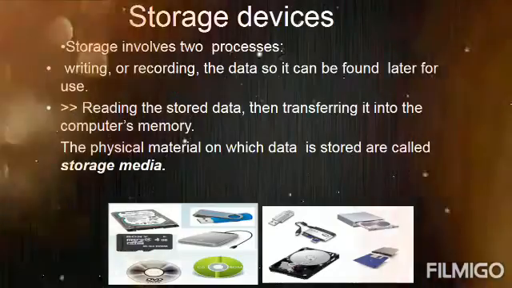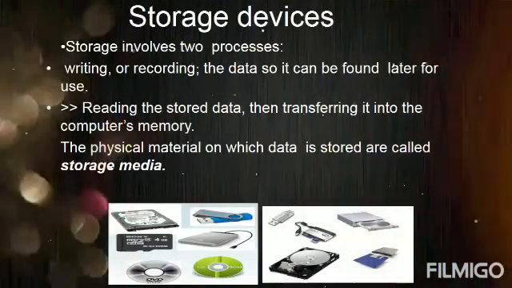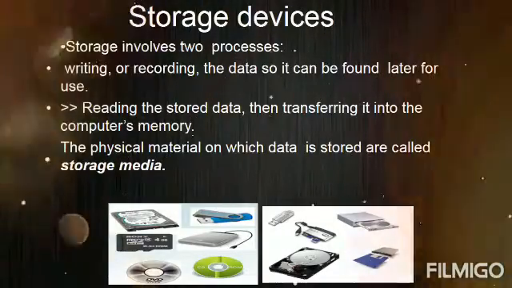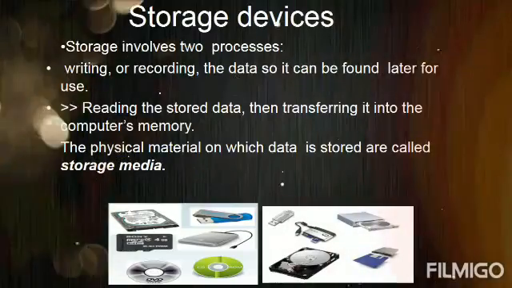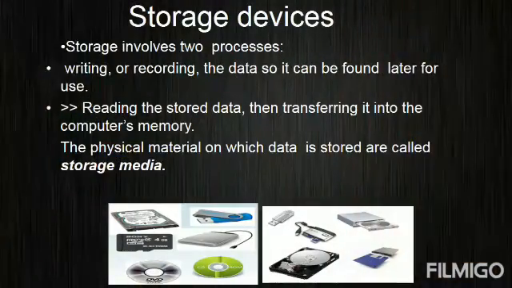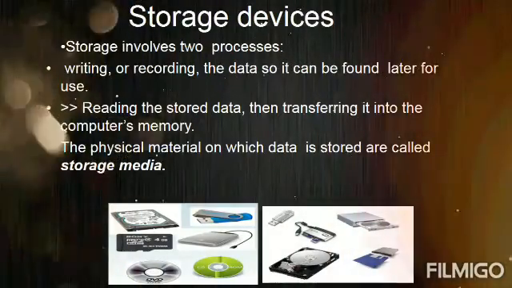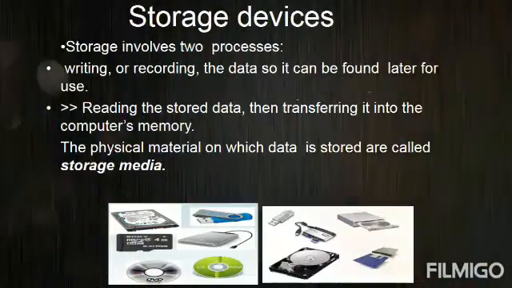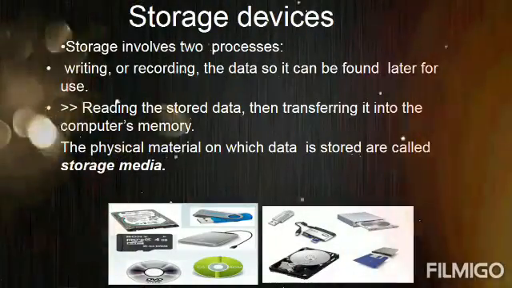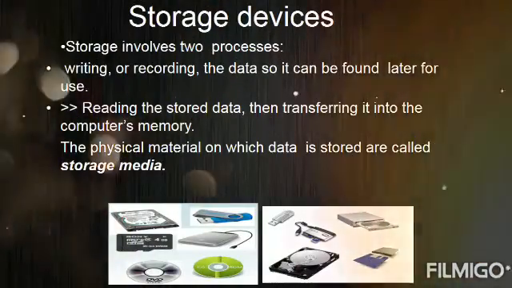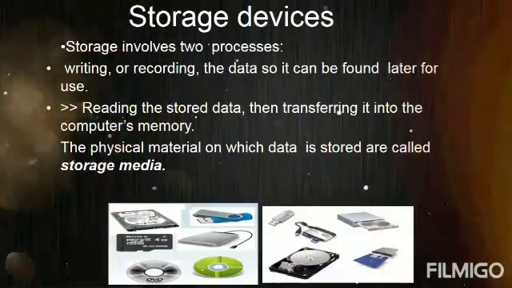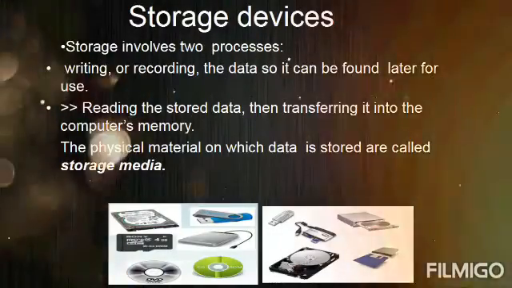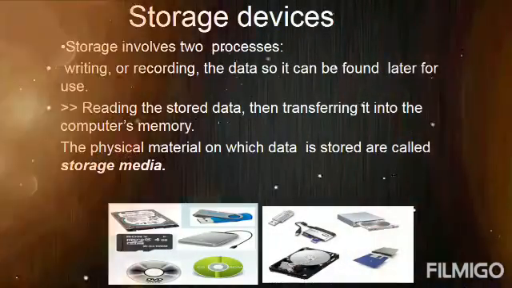Storage devices. Storage devices are used to store data permanently for future use. They have different functions: they are used for writing and recording the data for later use, and for reading the stored data and then transferring it into other computers' memory.